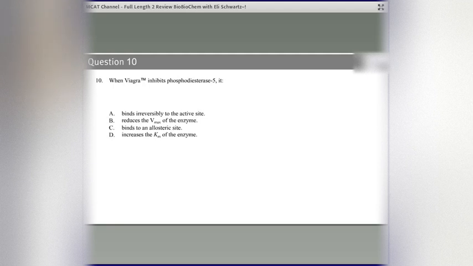And I like that Peter and Sylvian both put in here B, because reducing the Vmax of the enzyme, the enzyme's Vmax is the value associated with that enzyme. The enzyme will always have a Vmax value even if it can't get to its Vmax. So that's patently false. We could not get answer choice B to be true. And I like what Christopher put in here as well, binding irreversibly to the active site.